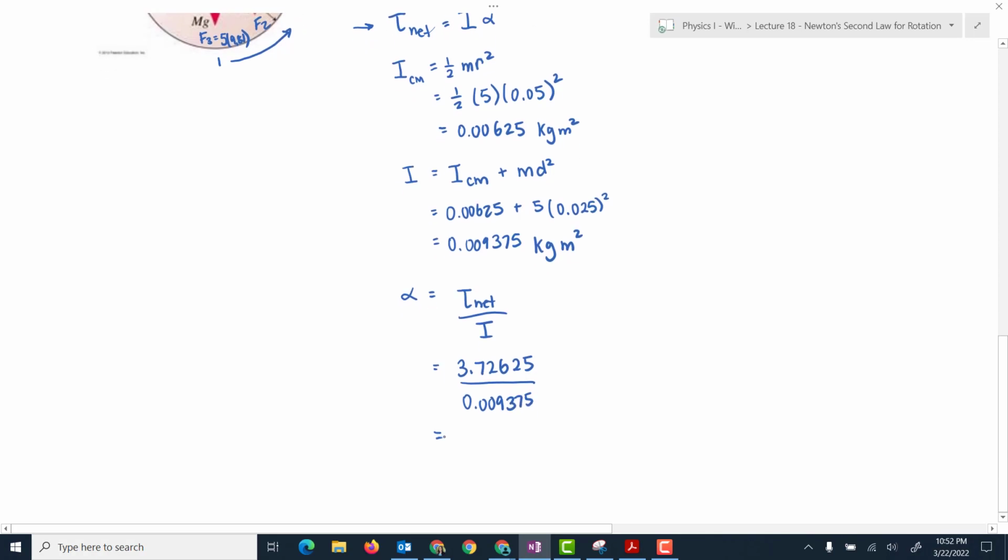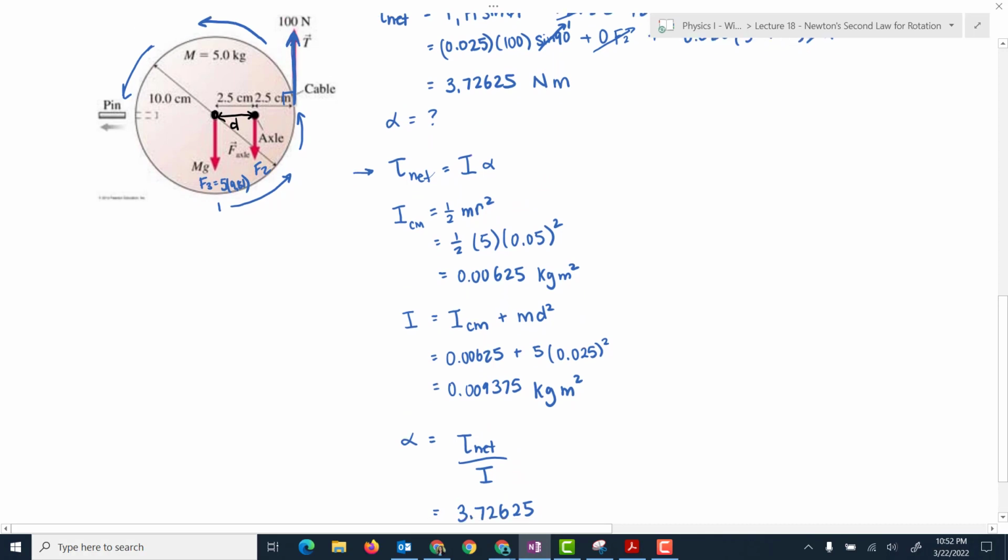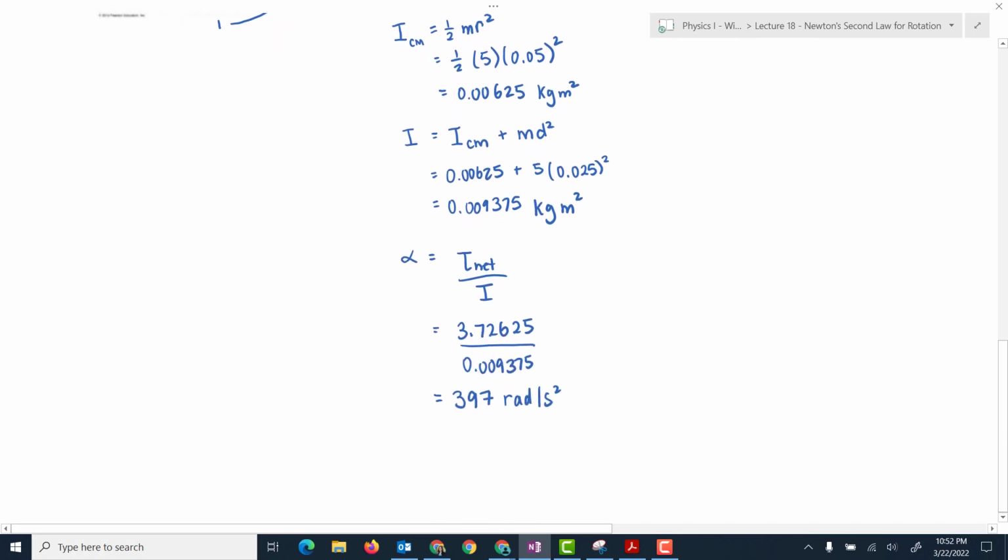I'll just type that up onto my calculator: 3.72625 divided by 0.009375, and I get 397. This is alpha, angular acceleration. The units are radians per second squared. Okay, my torque was positive because it was going in the counterclockwise direction. My alpha is still positive, which means it's still going in the counterclockwise direction.